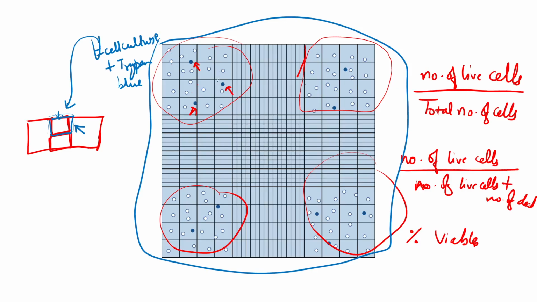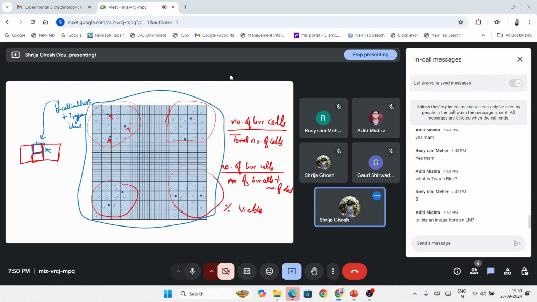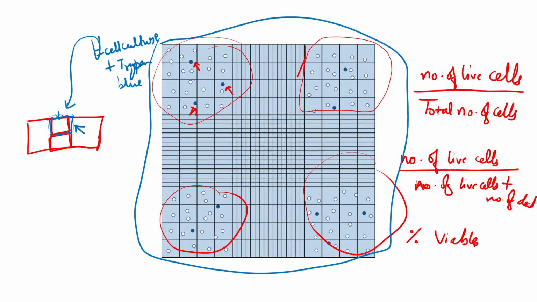The dead cells will appear blue, the live cells will appear transparent, bright against a bluish background, illuminated by the light source, so whitish. You can then count the number of live cells and dead cells, and calculate the viability. So this is done under the light microscope.